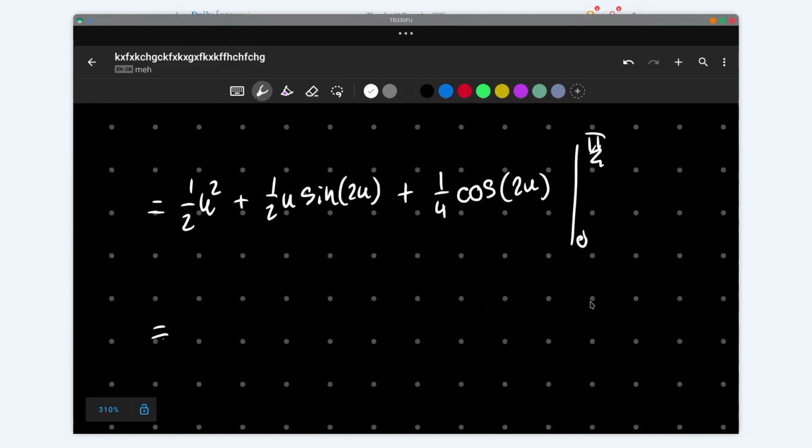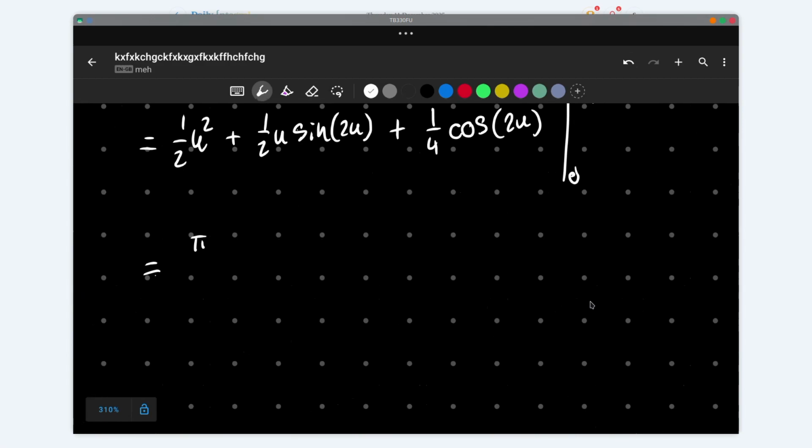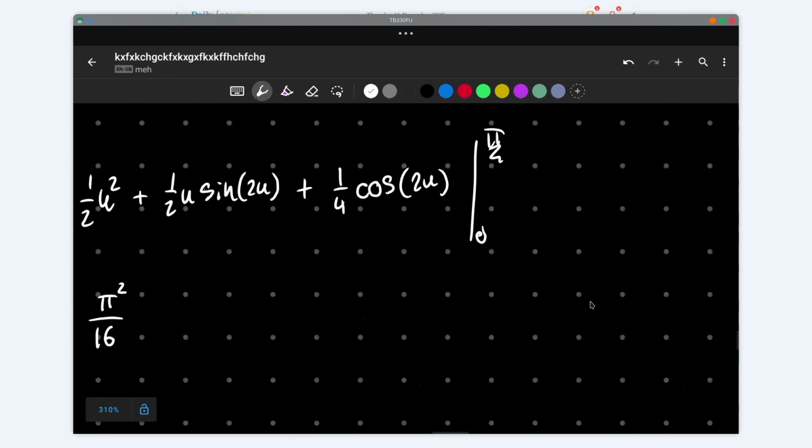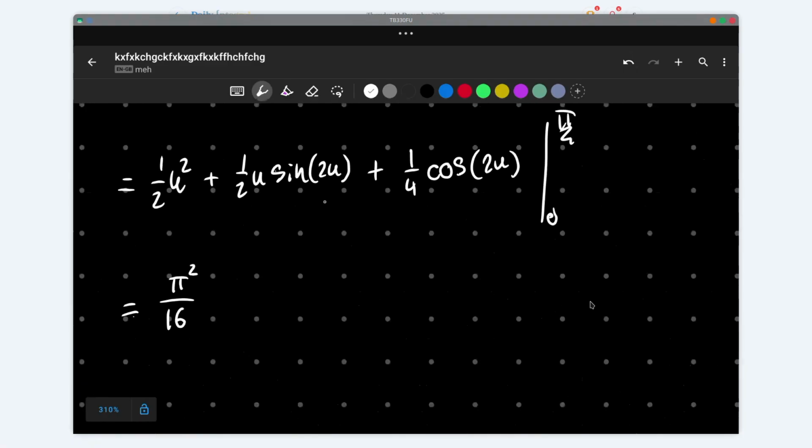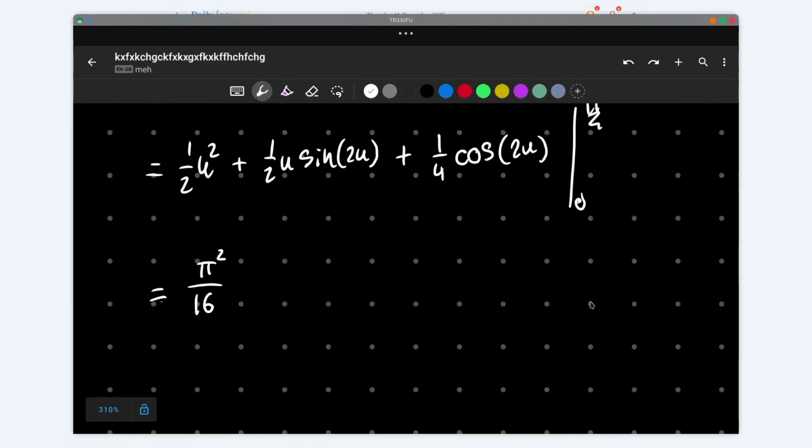Pi over 2 here, you would end up with the same pi squared over 16. Pi over 2 in this, you just get pi, which is 0. Pi over 2 in this, pi negative, 0 becomes 0, 0 becomes positive, so you would end up with the same thing, unless I'm bugging.